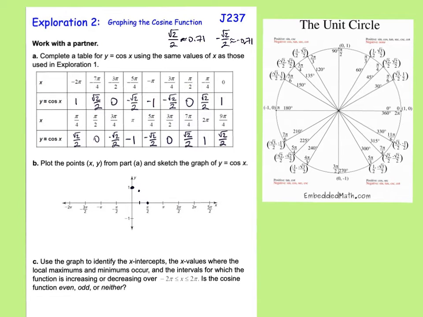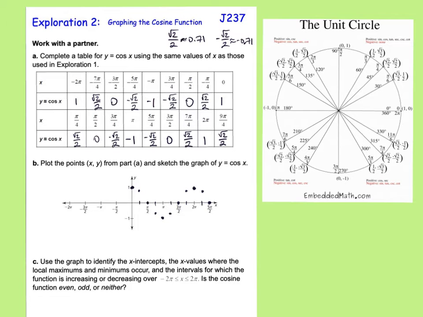Then we have negative 0.7, then negative 1, negative 0.7 again, then 0, then 0.7. It's a little bit too high, so I'm going to move that down a little bit. So that's going to be 0.7, then we'll go to 1, back to 0.7, and back to 0.